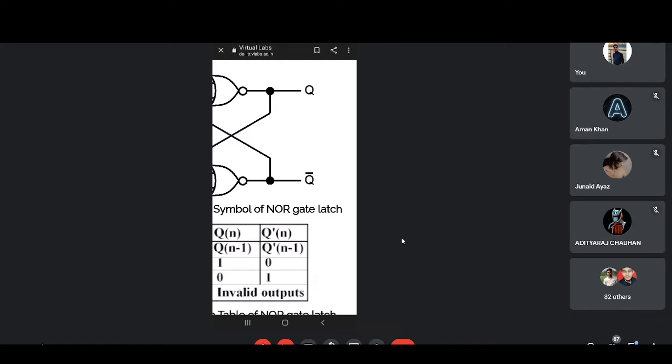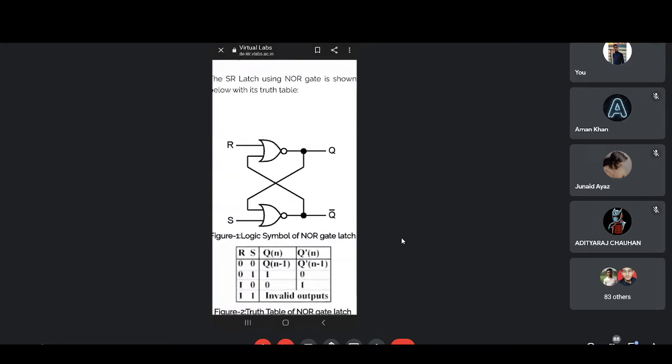So there is no change in the output when the input is 00. If Q is 1 prior to applying RS 00, it will remain 1 after applying RS 00.